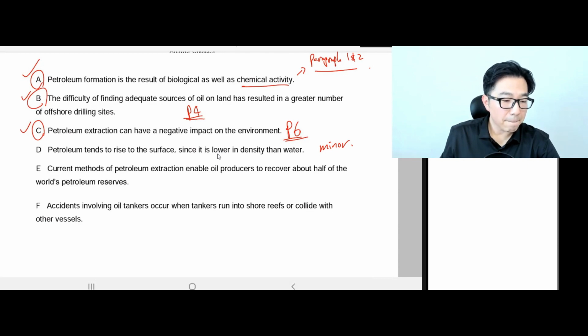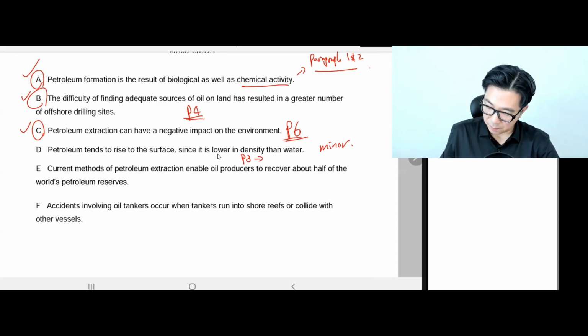How when they find the oil pool, they drill a well, and the whole process of how they get the oil out, how they drill it and how they separate it. So they talk about the whole process, paragraph 3, of getting the petroleum out from under the ground.